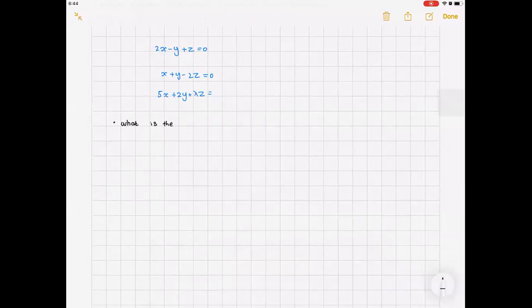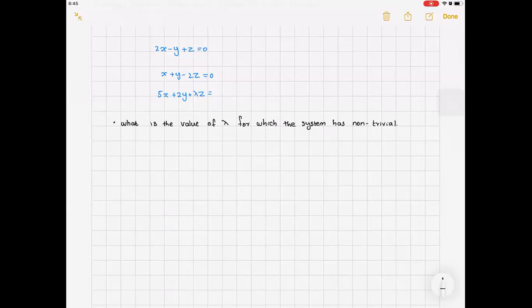What is the value of lambda for which the system has non-trivial solution?